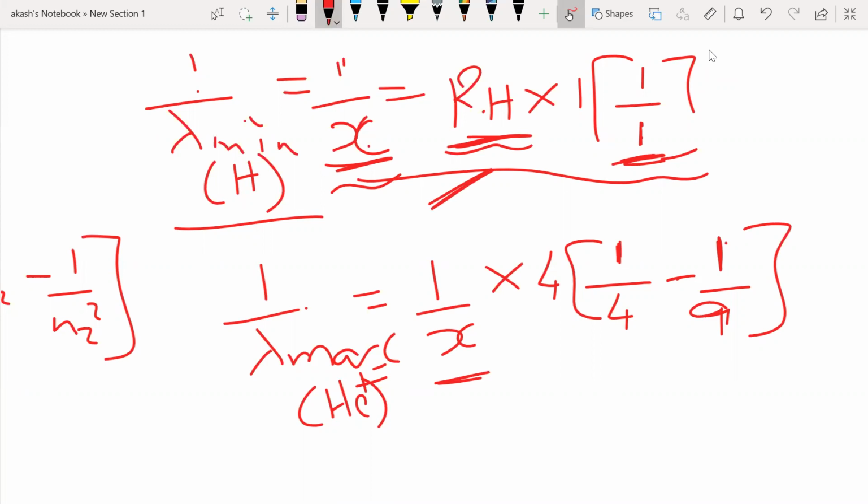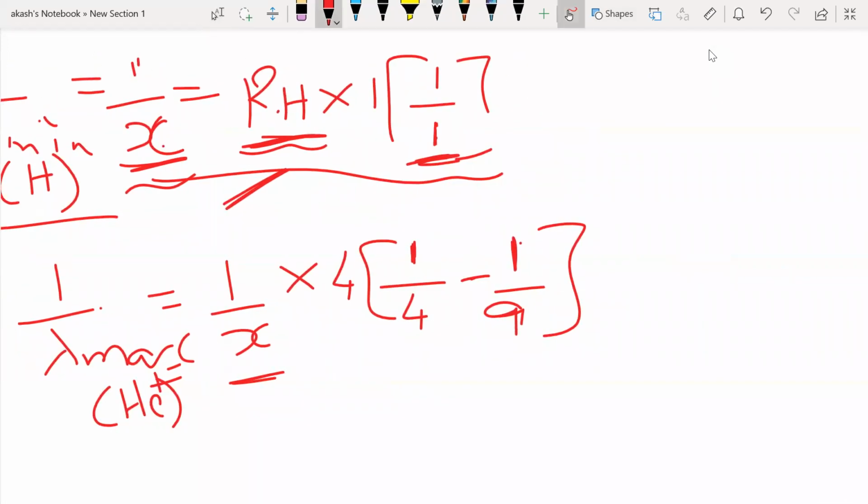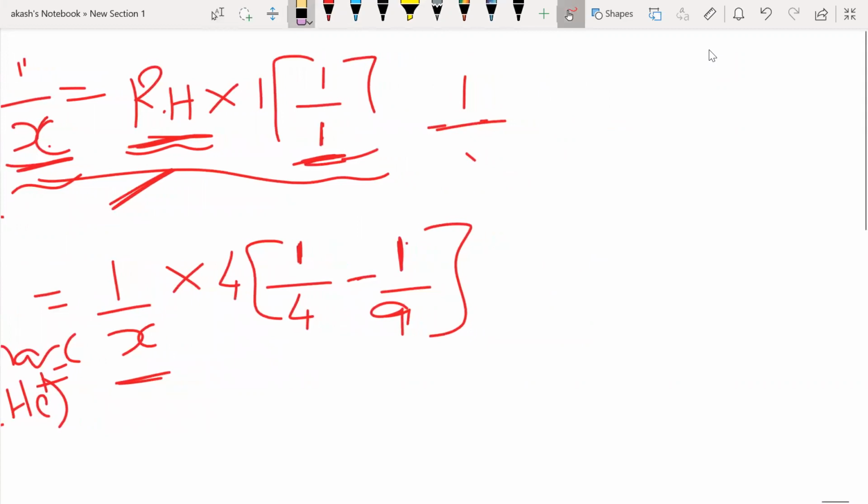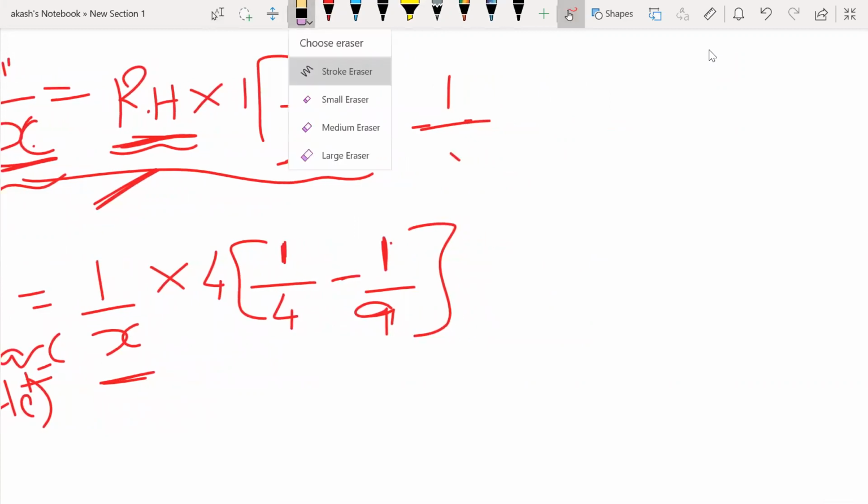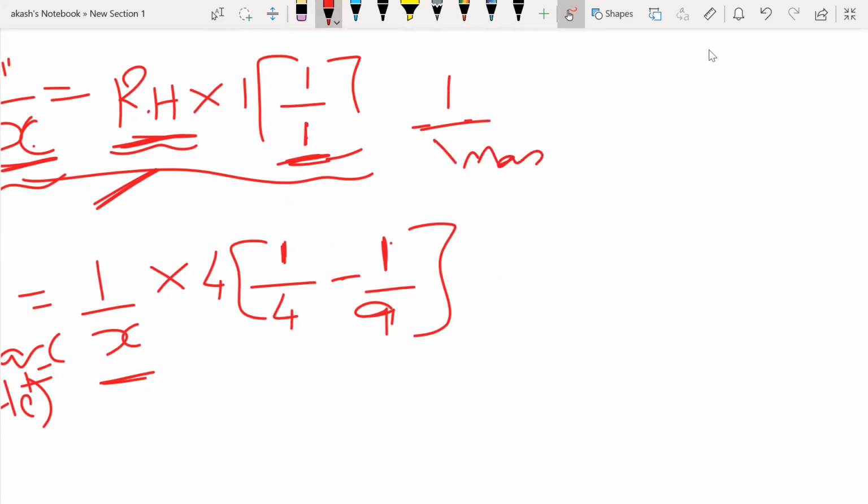I'm just substituting it here, right? So if you do the calculations, you are going to get 1 by lambda max is equal to 1 by x.